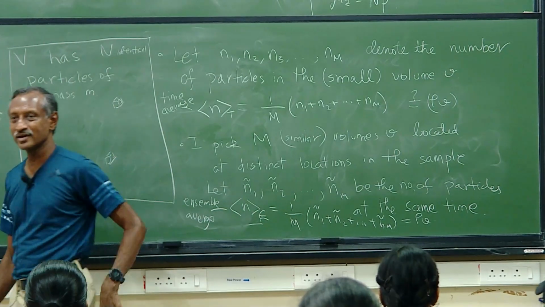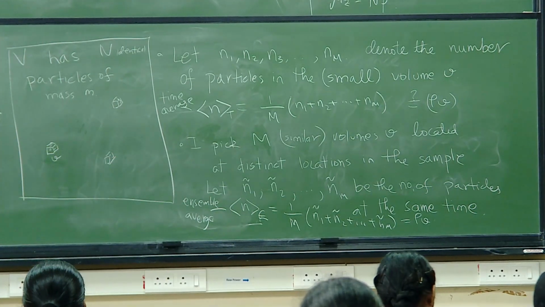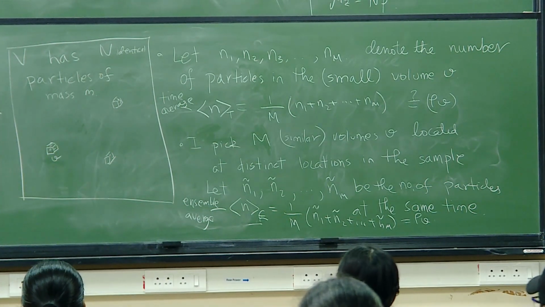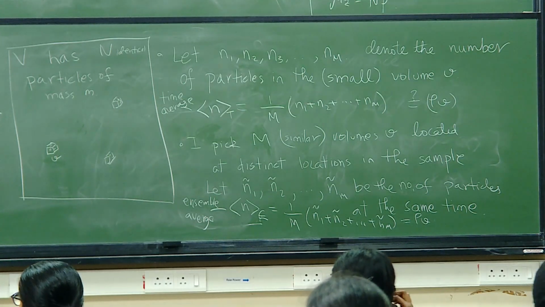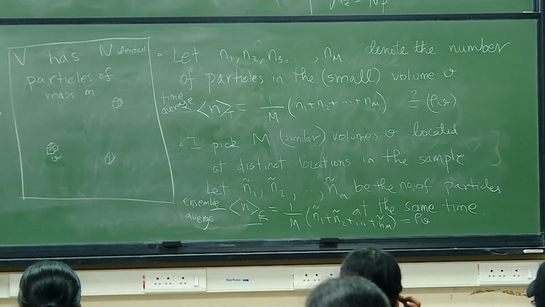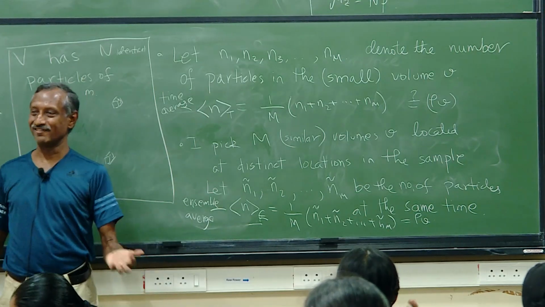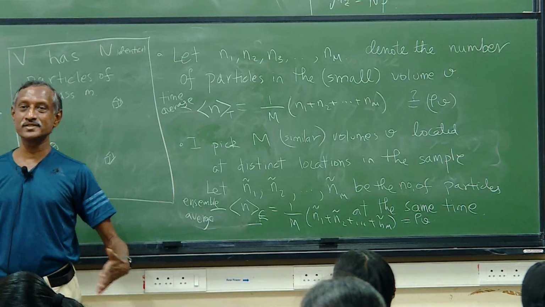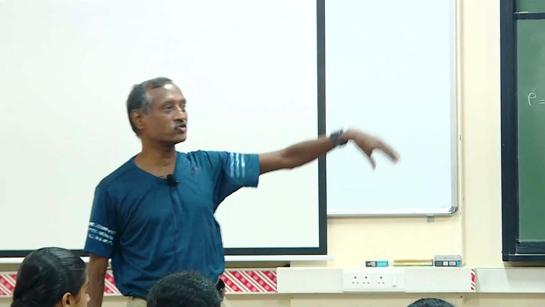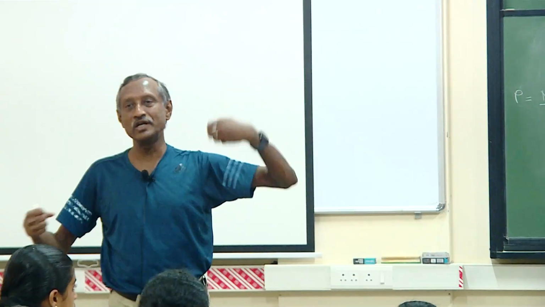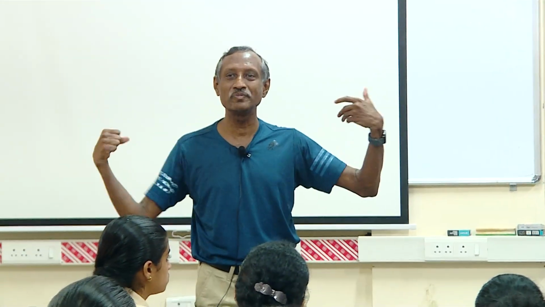Okay, so first thing is that it shouldn't be that if I measure this at one instant, I get an average, another instant, I'll get something else. So we expect averages to be independent of time, and we expect time average to be equal to ensemble average. So these expectations are not always satisfied. Okay, so one has to remember this, but our intuition says that these two should be equal.